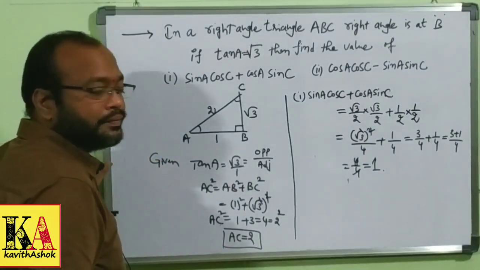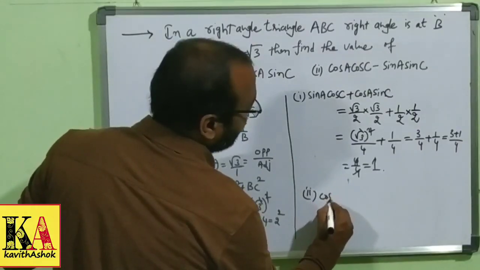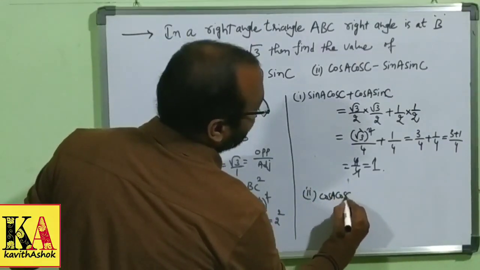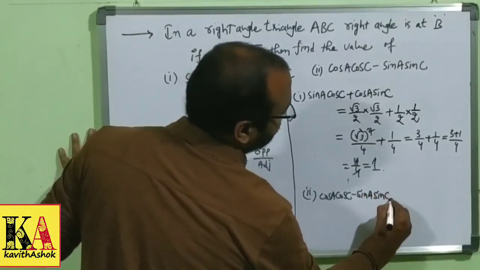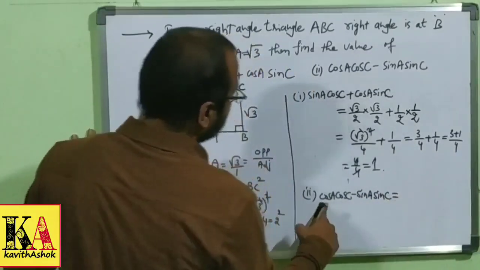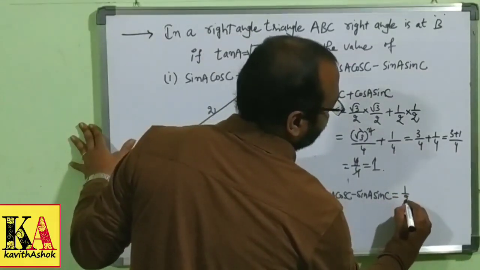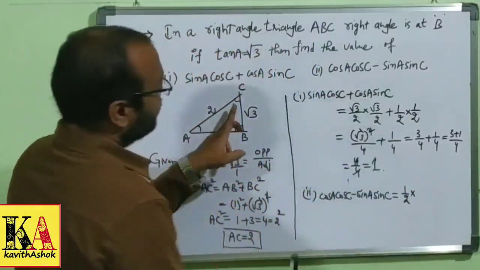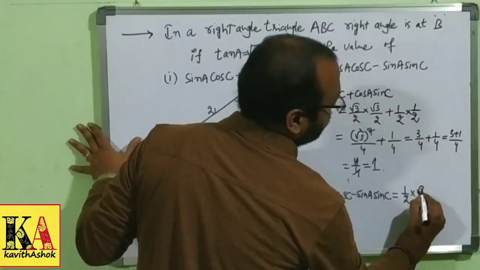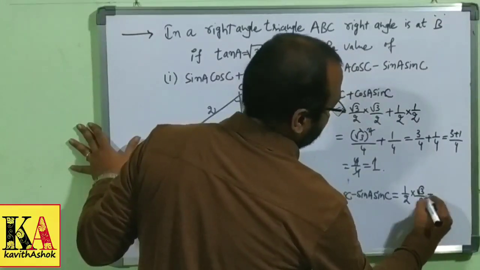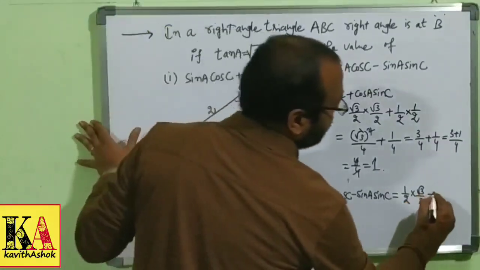So now go for the second. Cos A cos C minus sin A sin C. Again cos A adjacent side by hypotenuse, 1 by 2. Cos C adjacent side by hypotenuse, root 3 by 2, minus sin A opposite side by hypotenuse, root 3 by 2.